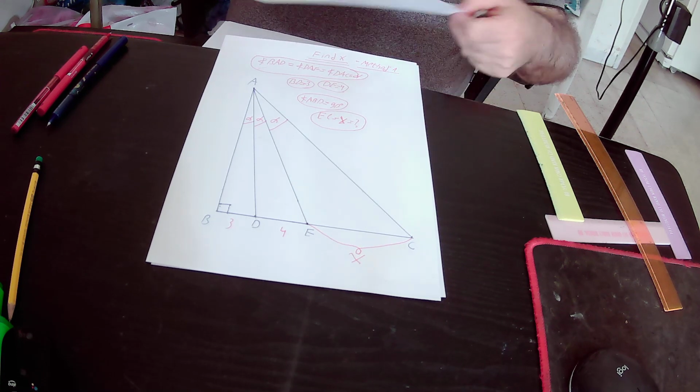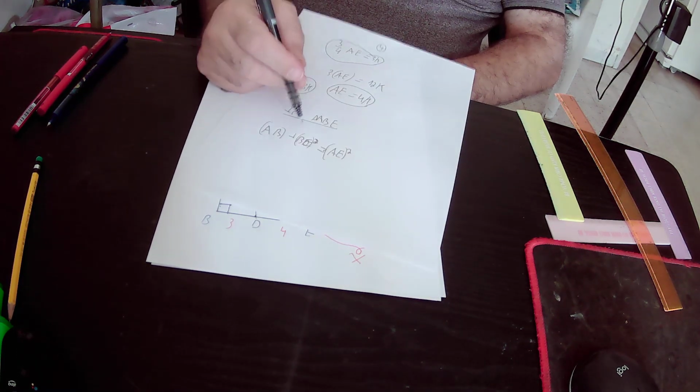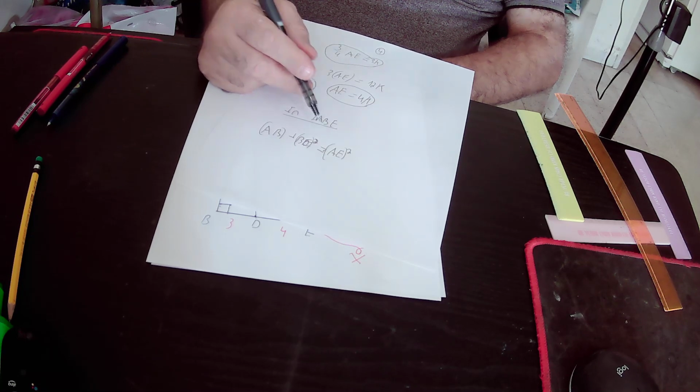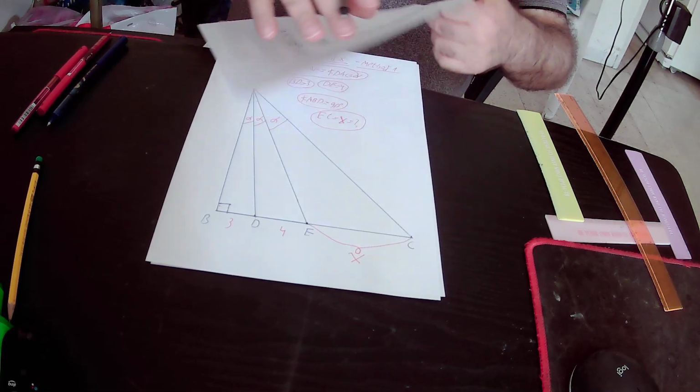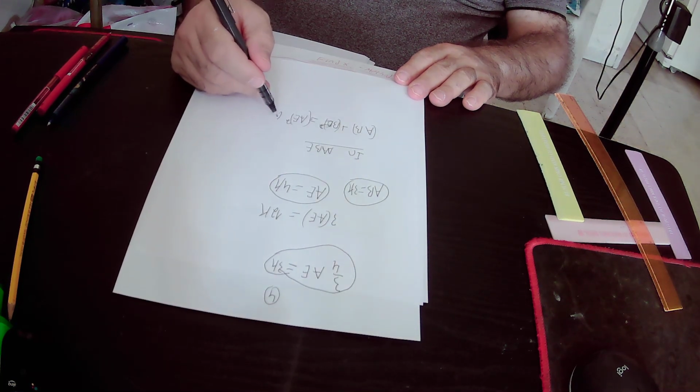Okay, in the right triangle, according to the Pythagorean theorem, AB square plus BE square must be equal to AE square.